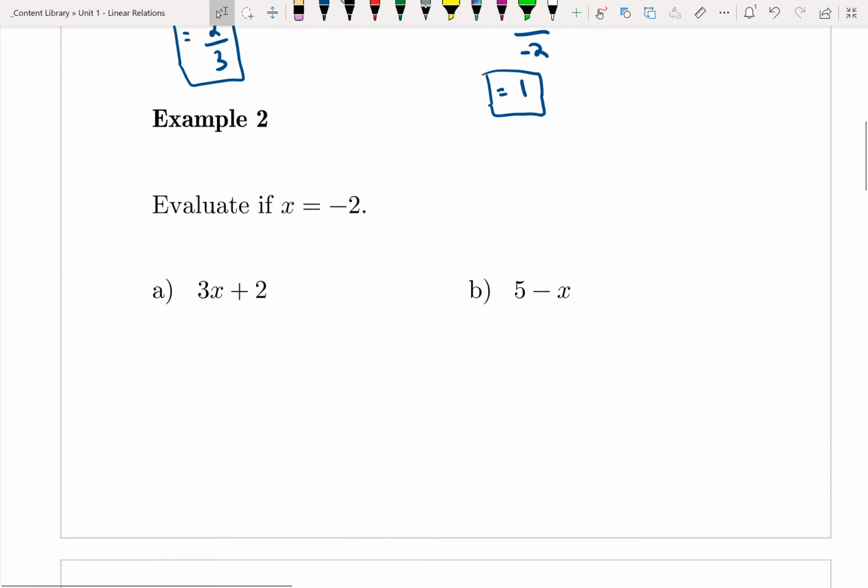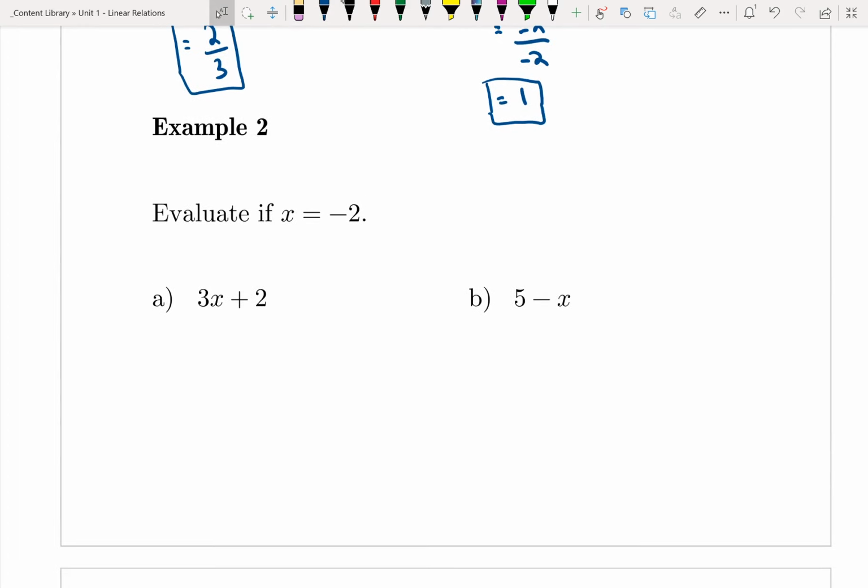In example 2, I want to evaluate if x equals negative 2. So again, we know evaluate means solve. And when I'm given what a variable equals, like here x equals negative 2, this means I have to sub into the equation. So I need to take the number that I'm given and substitute it into the equation.